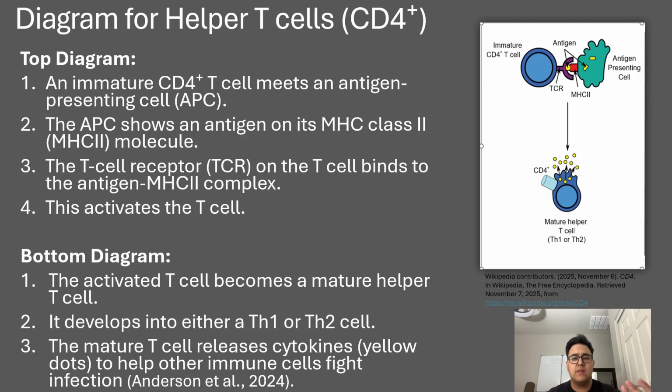Now, once this cell is activated, the T cell matures into a helper T cell, which is either a Th1 or a Th2 cell, which then releases cytokines to help coordinate the immune response of our bodies. These cytokines also assist other immune cells in fighting infections more effectively throughout our bodies.